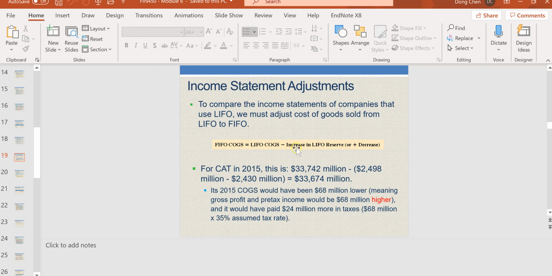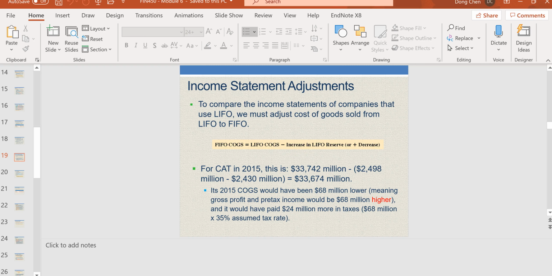So the increase in LIFO reserve equals LIFO cost of goods sold minus the FIFO cost of goods sold. And then the LIFO cost of goods sold minus the FIFO cost of goods sold is basically how much the cost of goods sold is higher under LIFO than under FIFO.